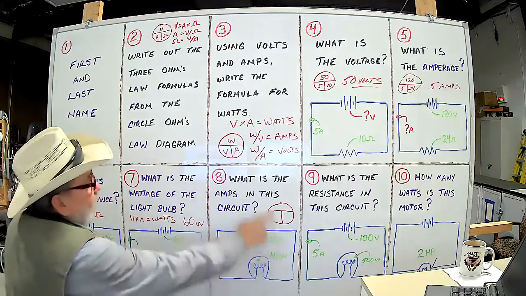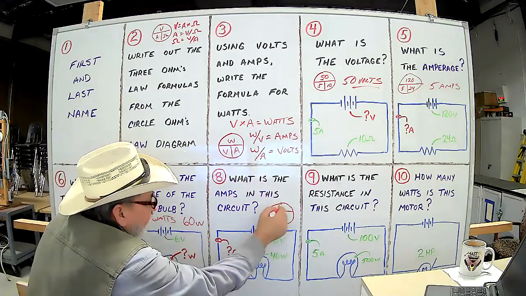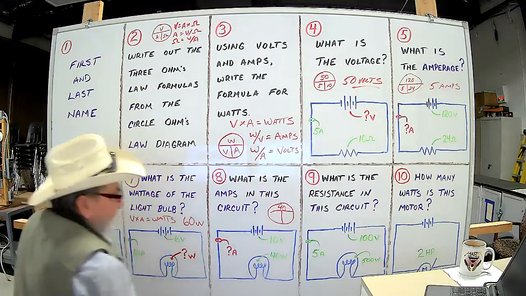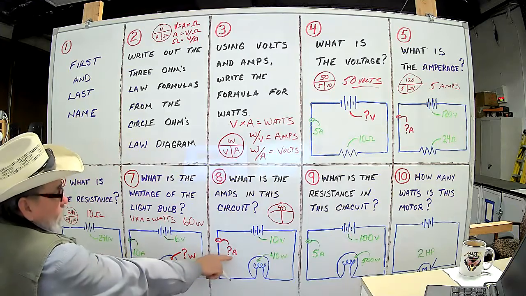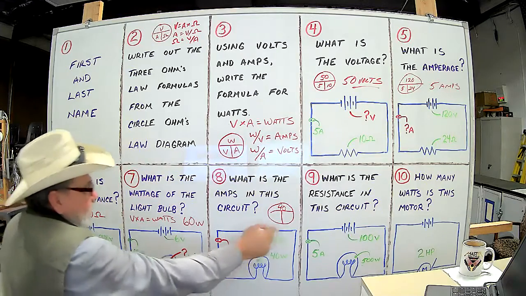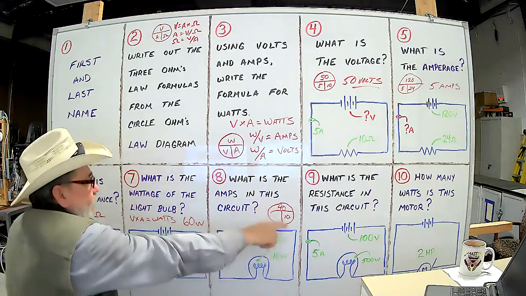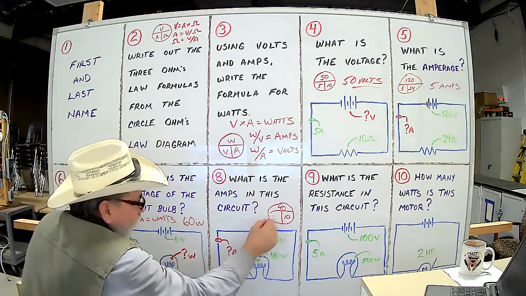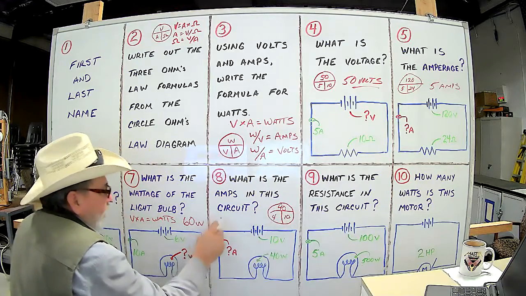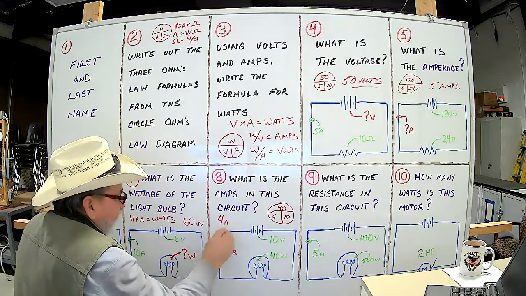So we know we got 40 watts up top. There's 40. And then we don't know our amps, but we know our voltage. So 40 divided by 10 is 4. So we'd have 4 amps.